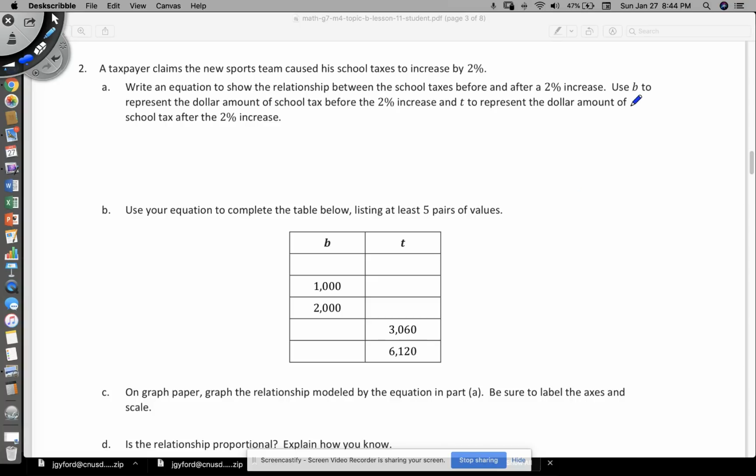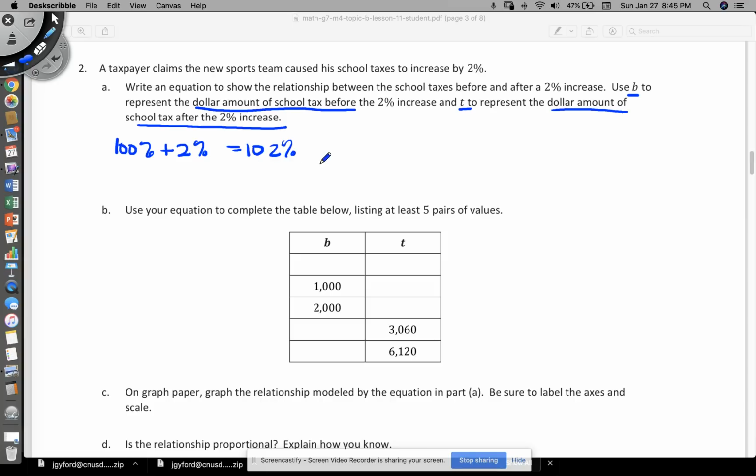We're going to use B to represent the dollar amount for the school tax before, and use T to represent the dollar amount of school tax at the increase. All right, so we know that they were paying 100% of their taxes before. And if we increase it by an additional 2%, it comes up to 102%. And that would include the increase.